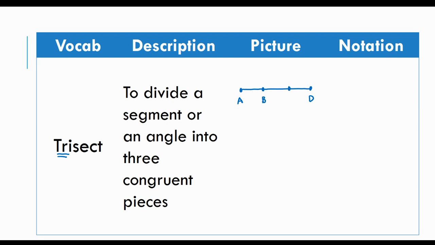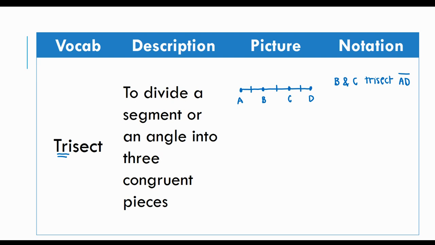Let's call those points B and C. And notice now AB is a segment, BC is a segment, CD is a segment. Notice how I indicated with one tick mark on each of those smaller segments. This tells us that the points B and C trisect the segment AD.